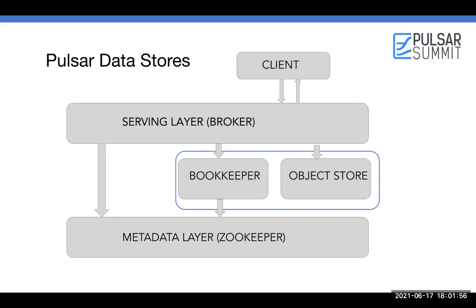So Bookkeeper is your hot or warm storage, and object store is your cold storage. In addition to that, broker also caches data for multiple topics that this broker owns.